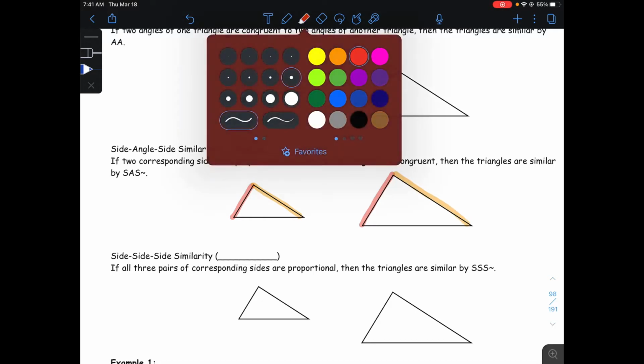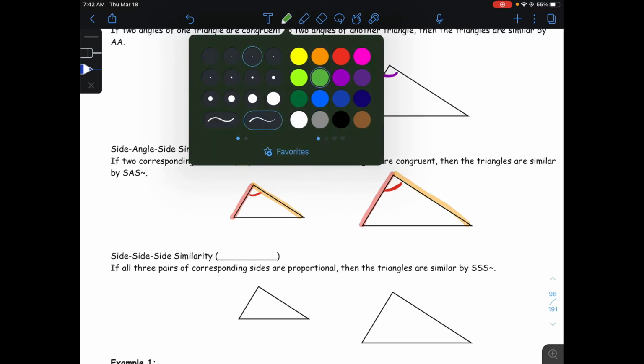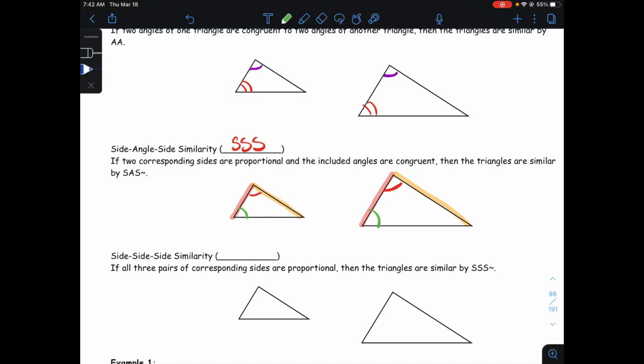Then you have to prove that these angles are congruent. It has to be the angle that's included with the two sides that you've proved. Let's say we had the red and the orange side, and instead you showed these angles congruent. That doesn't work. You have to have the angle in between the two sides that you just showed proportional.